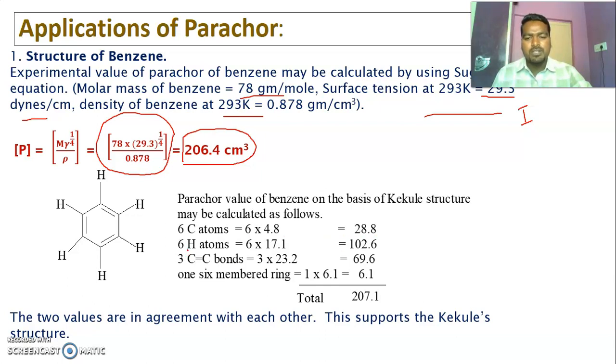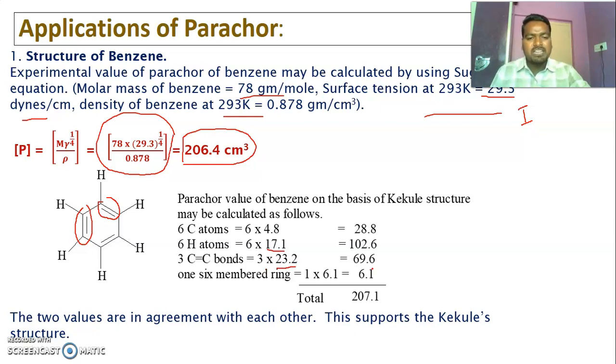Similarly, there are 6 hydrogen atoms, and the Parachor value of one hydrogen is 17.1. 17.1 into 6 is equal to 102.6. And in benzene there are 3 C=C double bonds, and the structural Parachor for a double bond is 23.2, which we found in the previous slide, into 3.